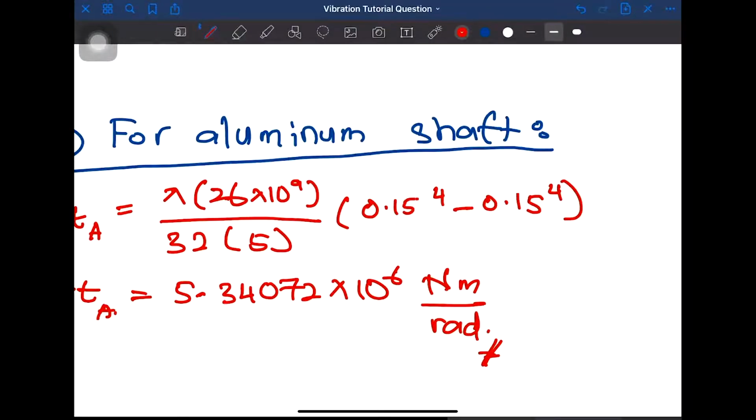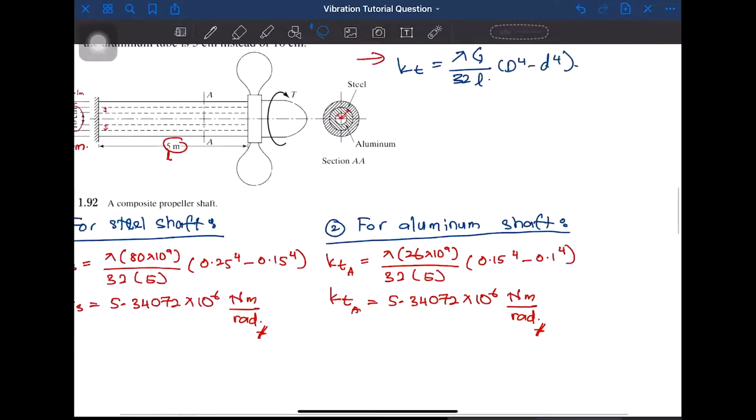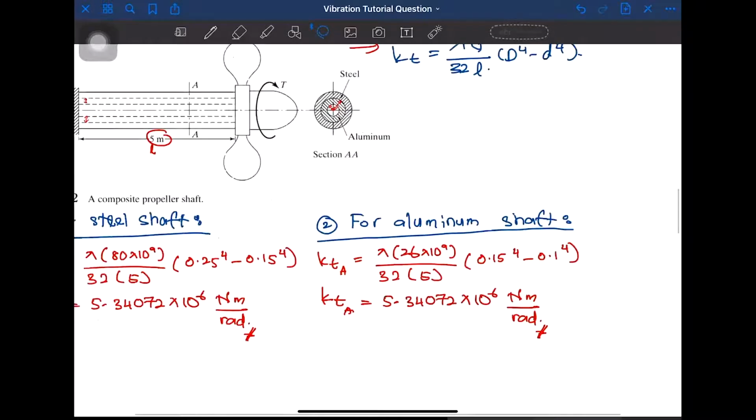So again, just substitute that back into the formula: 15 cm, 0.15 meter, and also 10 cm, 0.1 meter. Just substitute those values inside the very same formula, and then what will the answer for the torsional stiffness of the aluminium shaft be?